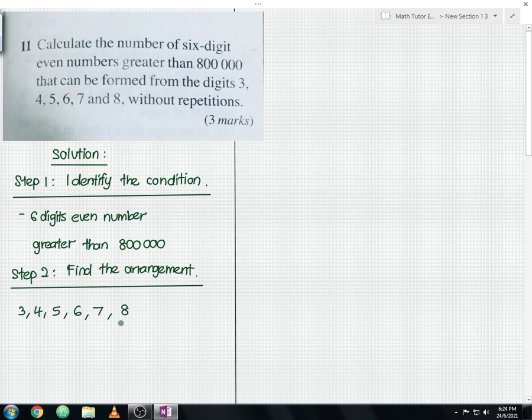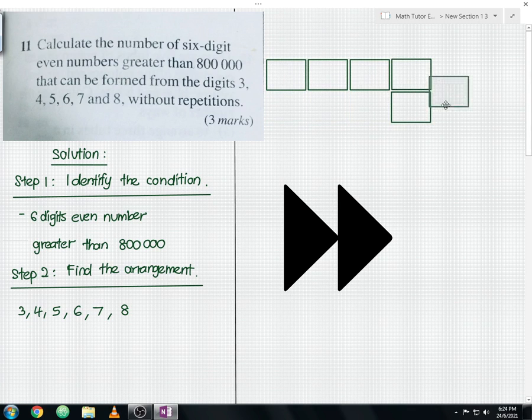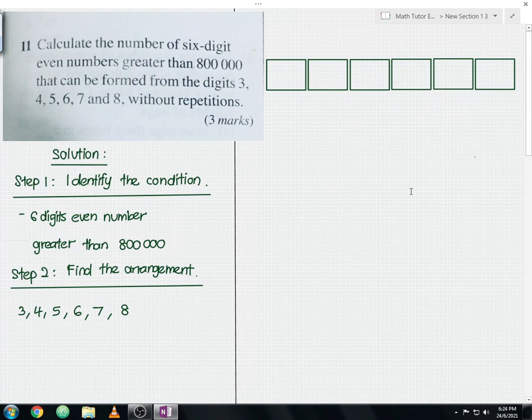For the next step, I'm going to draw 6 blocks, representing the 6-digit numbers that we are going to form, based on several cases. So this is the 6 blocks that we have drawn. Let us begin our case 1 from here.